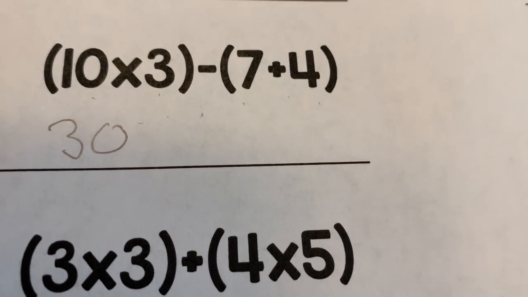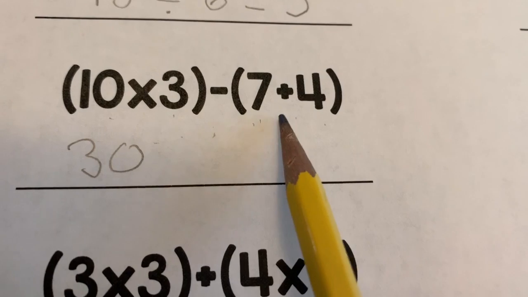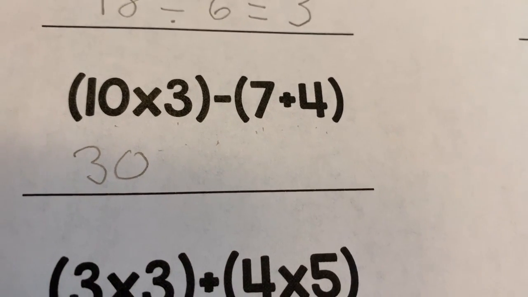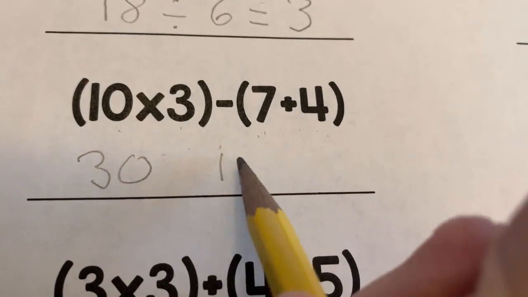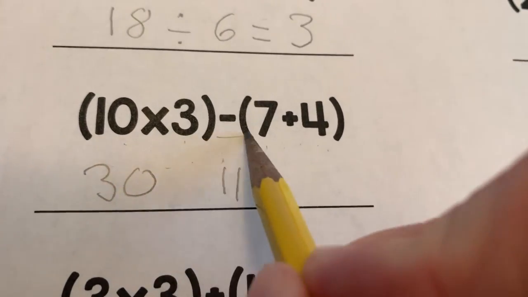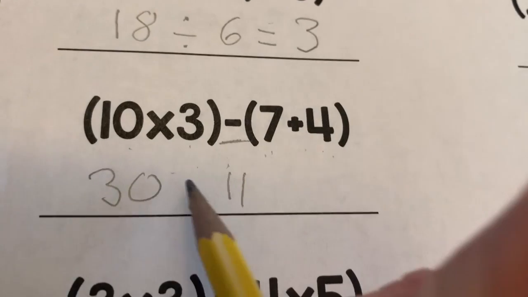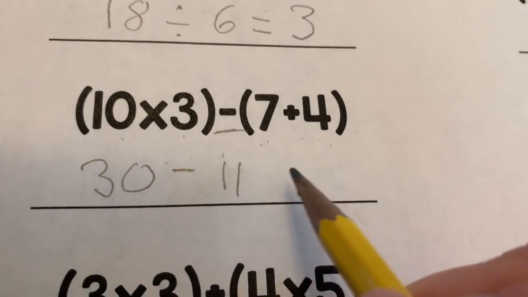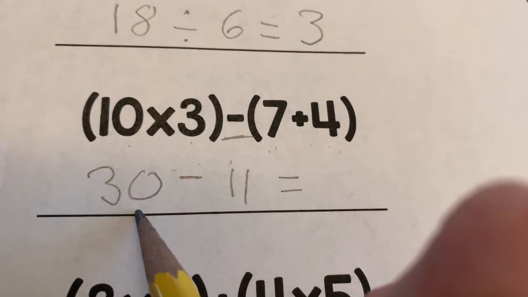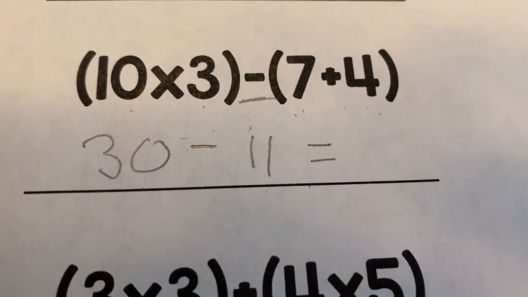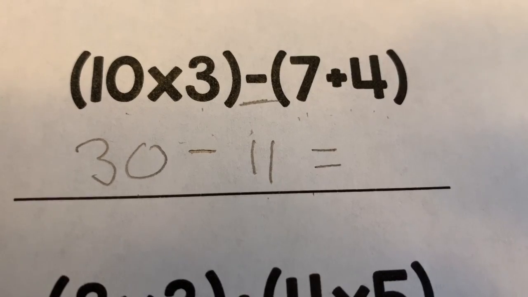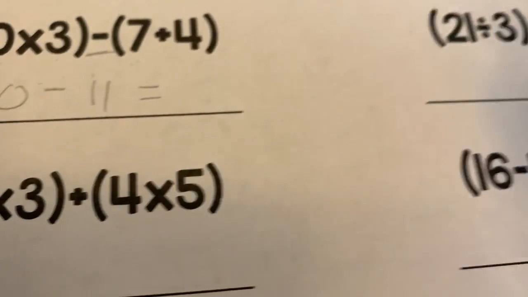Next, we have to find the sum of 7 plus 4. 7 plus 4 equals 11. What operation? Subtraction. Our equation says 30 minus 11 equals.